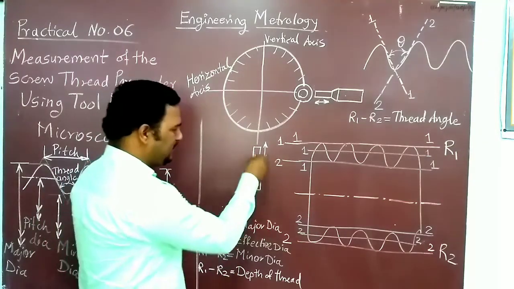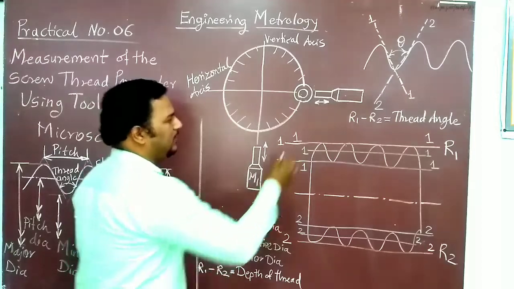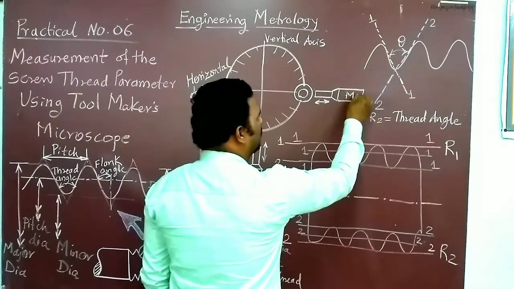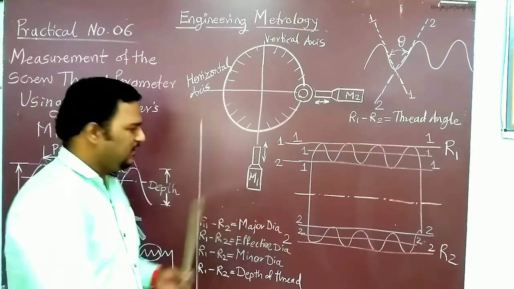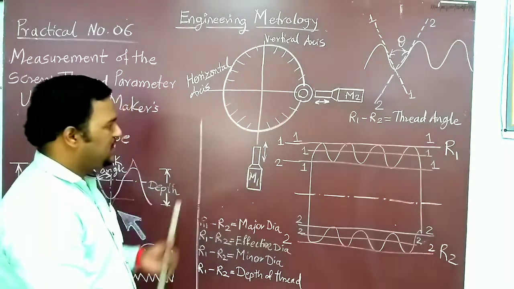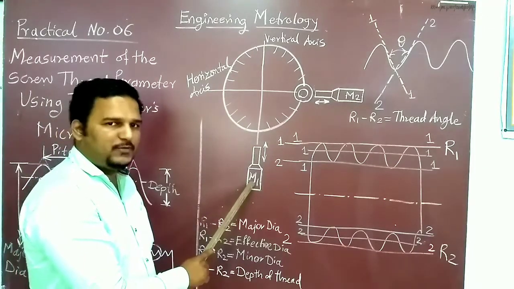So when you move this micrometer M1, and this micrometer is M2. When you move this M1 micrometer in this direction, the shadow obtained on this display device is moved by M1.